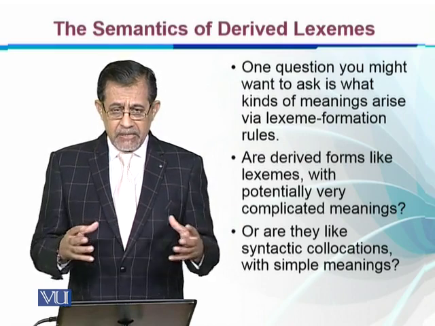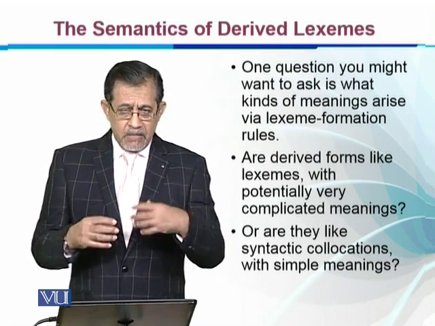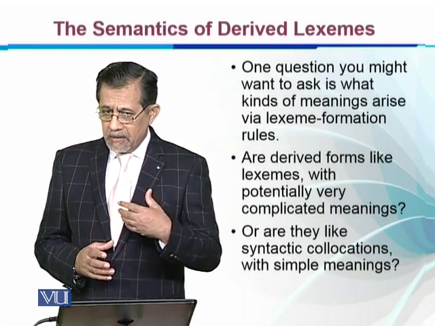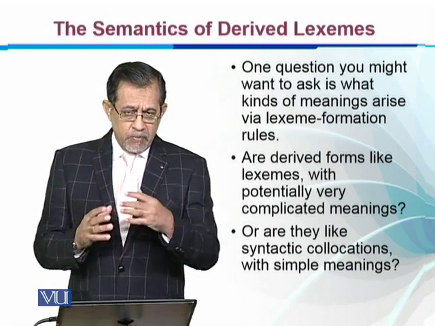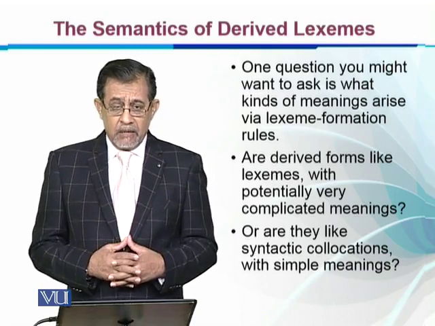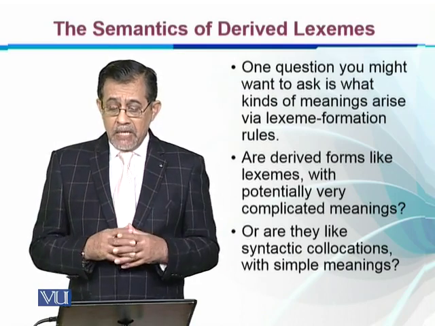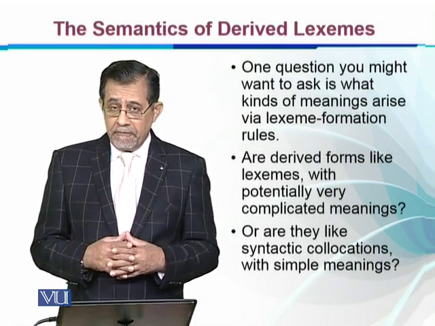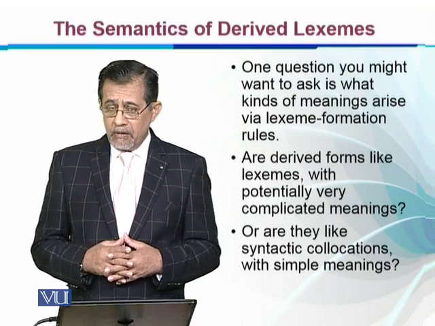They have been used together; they come with certain other units, and it is common practice for certain units to be combined with certain other units. So these are some of the problems. There is a problem somehow with derived lexemes when we talk about their meanings.